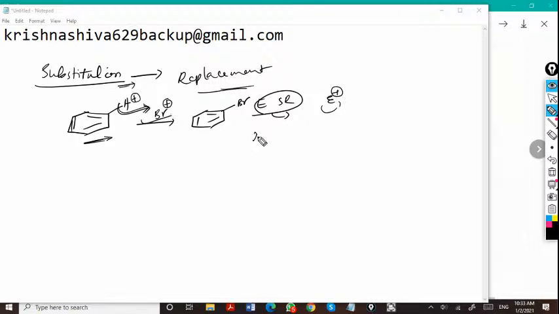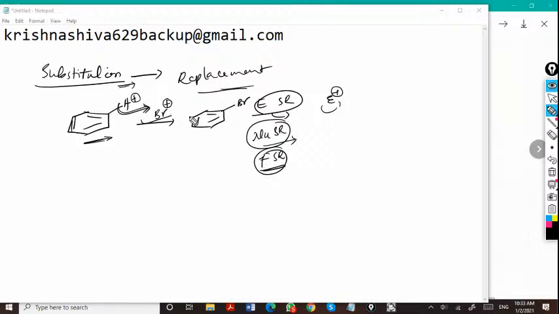If a nucleophile is replaced with another nucleophile, it is a nucleophilic substitution reaction. If a free radical is replaced with another free radical, it is a free radical substitution reaction.